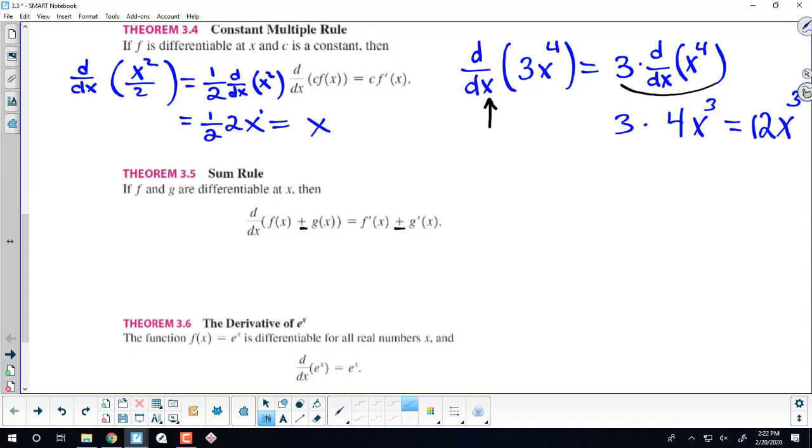In other words, what this rule is telling us is that we can distribute the derivative operator across sums and differences. So that's what we're doing. The derivative goes here, plus or minus the derivative here.